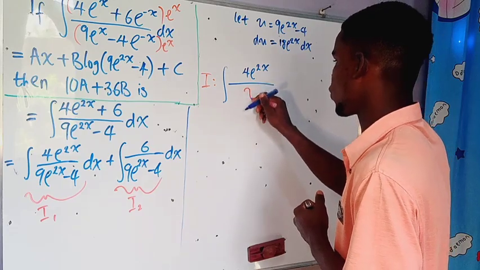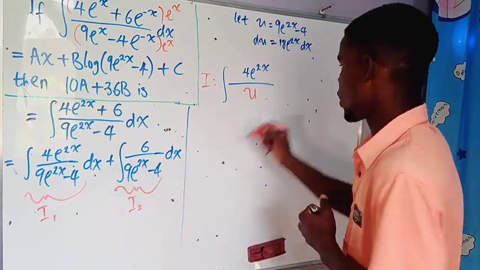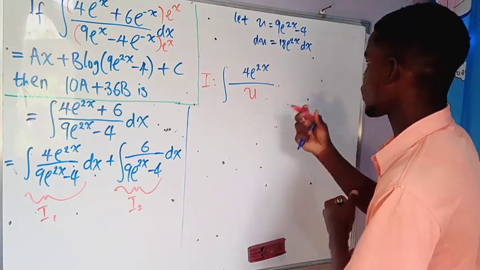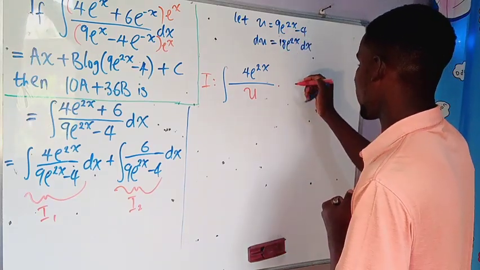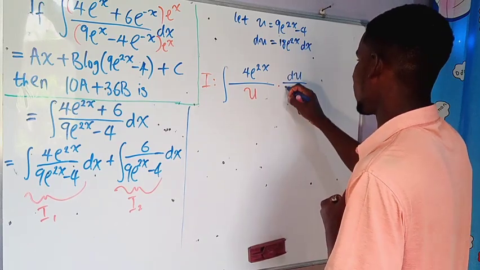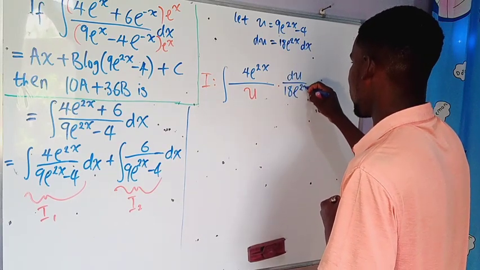So in place of that, I'm going to put in u. And dx is going to be du over 18e to the power 2x, dividing both sides by that.